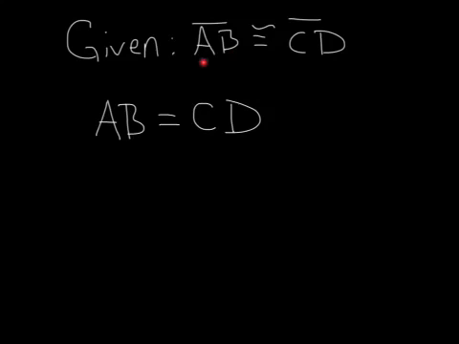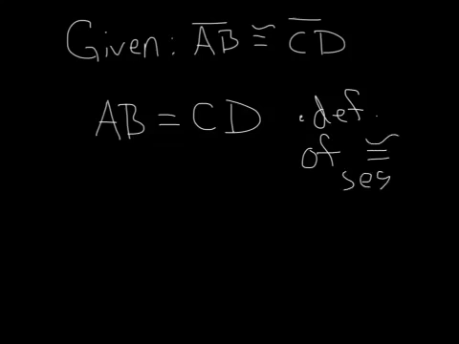Remember, this is talking about the segments having the same measure. AB and CD, those are the actual distance between those. So these are two different statements. But since we knew that this was congruent, we could say this statement, and our reason would be definition of congruent segments. Definition of congruent segments, because we know what congruent means and it lets us make this statement.